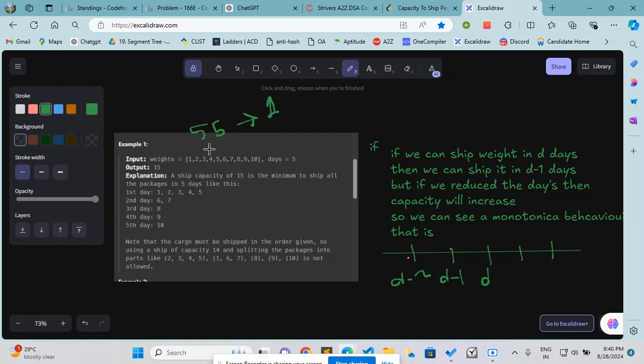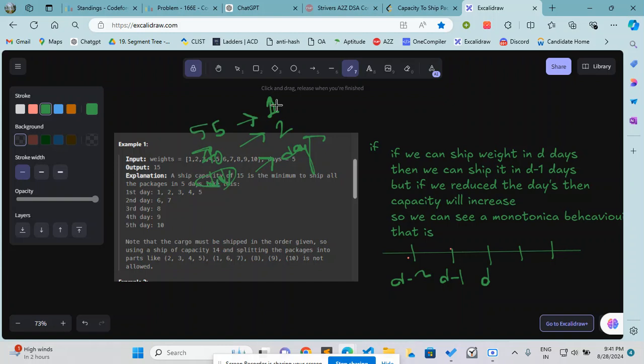If our weight capacity is approximately 40, we can ship in 2 days. So you have to minimize this, and you have to solve it for the given number of days.